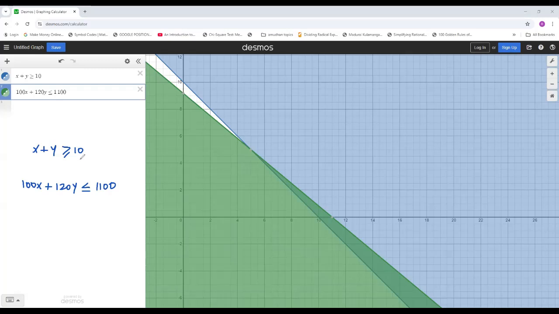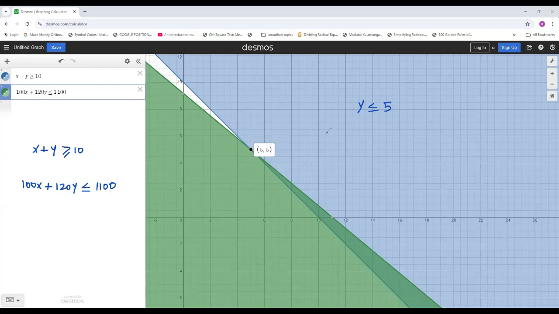So actually in this system, we have to find the maximum value of Y. So the maximum value of the variable Y will appear at the point of intersection. So just find the point of intersection of the two lines over here. So clearly it's (5, 5). At the point of intersection, what is the Y coordinate over here? It's 5. So that's the maximum value of Y. So Y can be equal to 5 or less than 5.